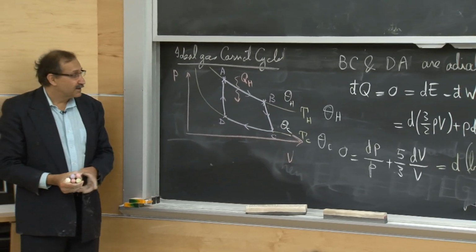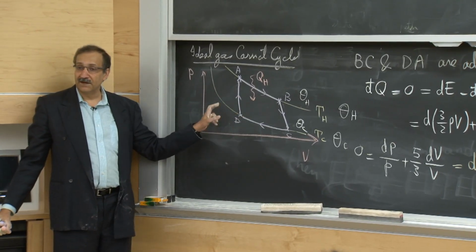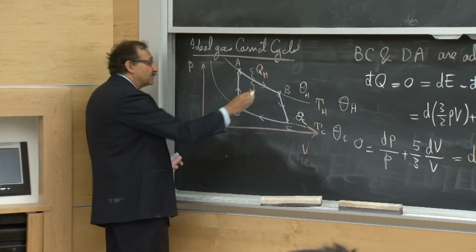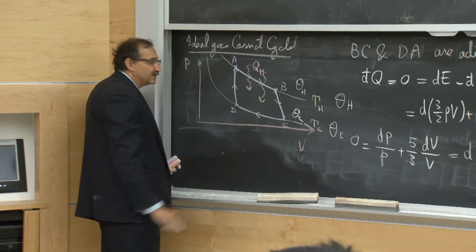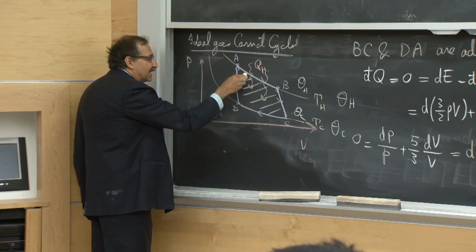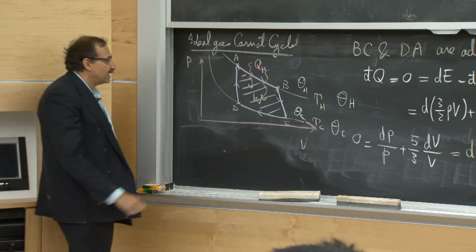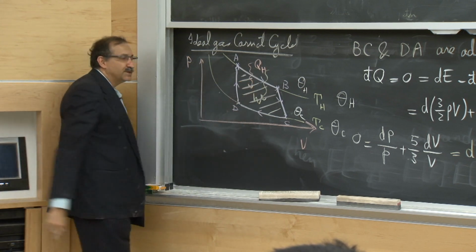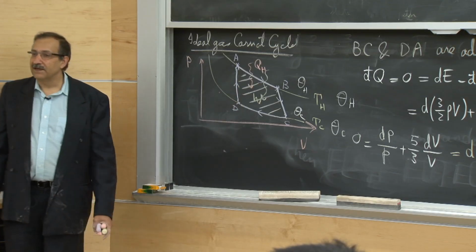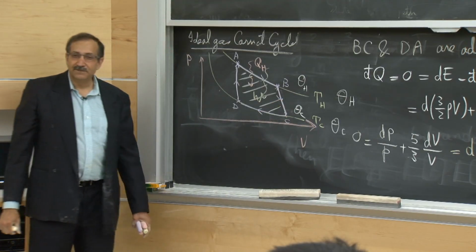Now, I have drawn for you the form of this Carnot cycle. Using PdV, you can calculate what amount of work goes into this at different stages. And the net work would be the area of this cycle. So W would give you the area of the cycle. You can calculate what Q_H is. And you can calculate the efficiency of this as a function of theta h and theta c.